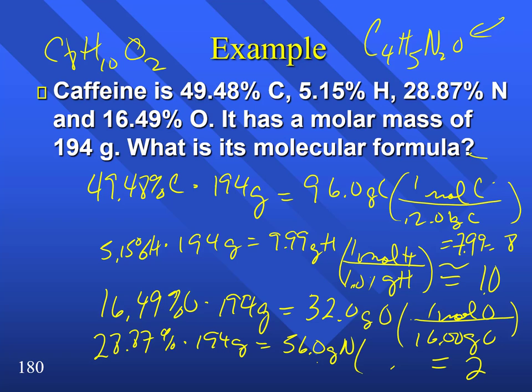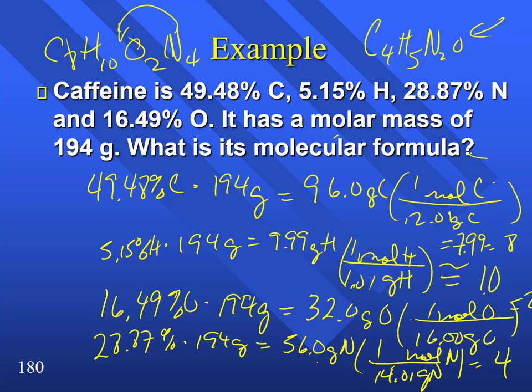Grams of nitrogen I have to turn into moles of nitrogen. One mole of nitrogen is 14.01 grams. And 56 divided by 14 is 4. Technically, we should write the N in there, but I'm not going to get you about order on those.